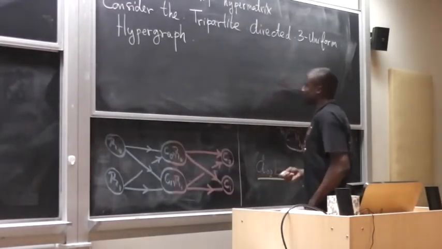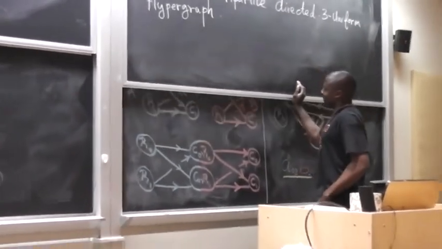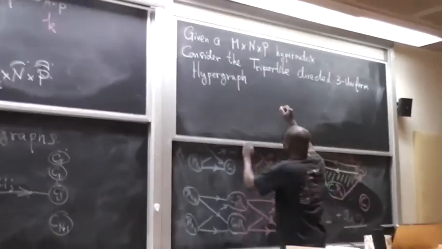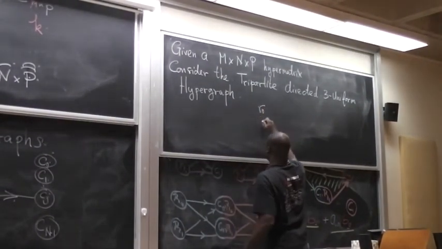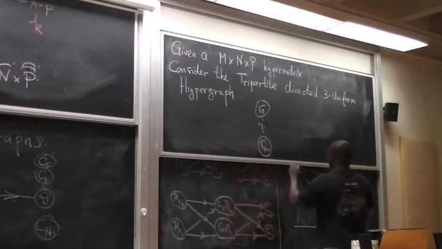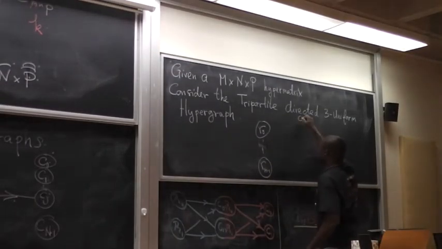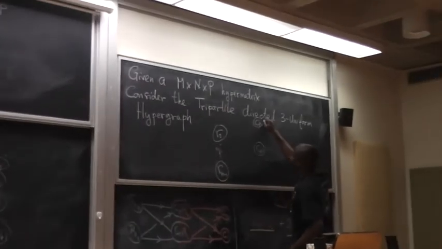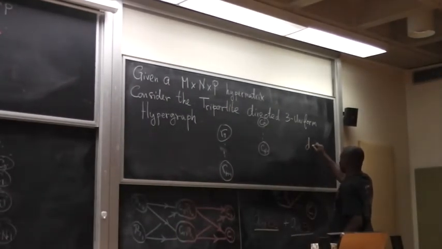And here, naturally, what you would do is something very analogous to what we did here. You would have a collection of vertices for the rows, up to row M minus 1. You would have a collection of vertices for the columns, C0 up to C, N minus 1. And you will finally have another collection of vertices for the depth, D0 all the way up to D, P minus 1.